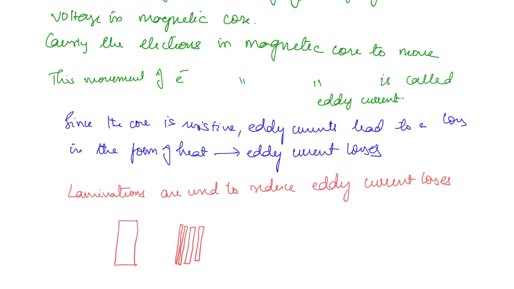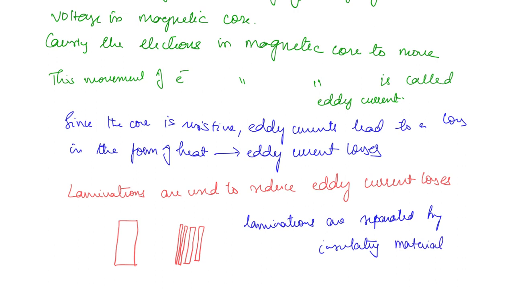Okay. So laminations are separated by insulating material. So this is one point, and the other point is that the thin laminations restrict the path of the eddy currents.